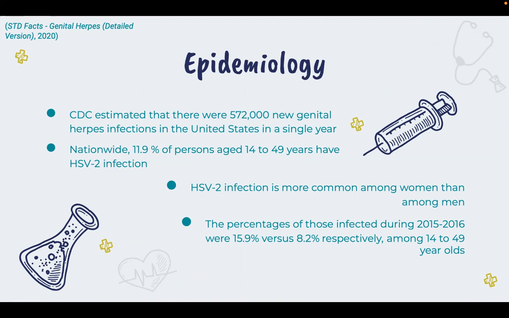The percentages of those infected during 2015 to 2016 were 15.9 versus 8.2 among 14 to 49-year-olds. This is possibly because genital infection is more easily transmitted from men to women than from women to men during penile vaginal sex.